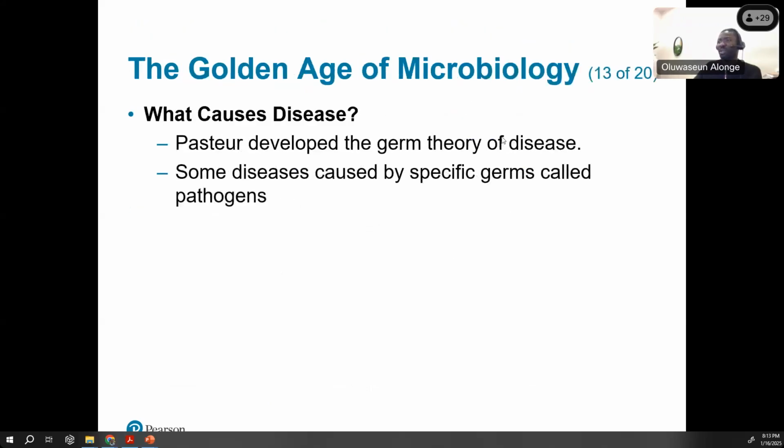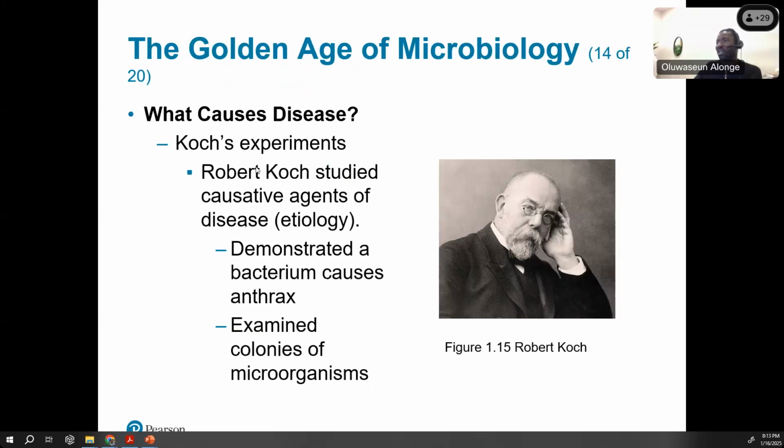So he developed the germ theory of disease. Some diseases are caused by specific germs called pathogens. All right. Now, the major research, or the major thing Koch came up with, is the etiology of microorganisms, that they are pathogenic organisms.